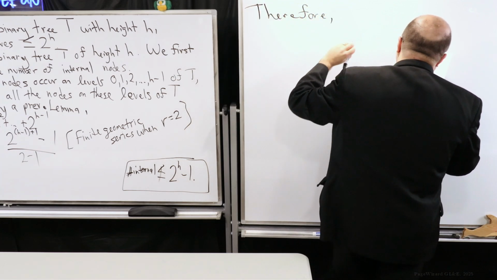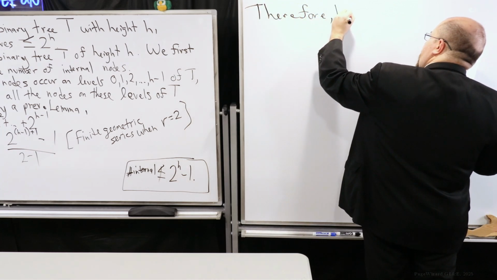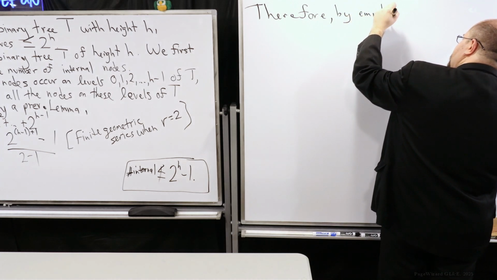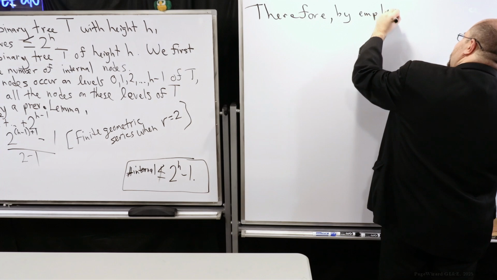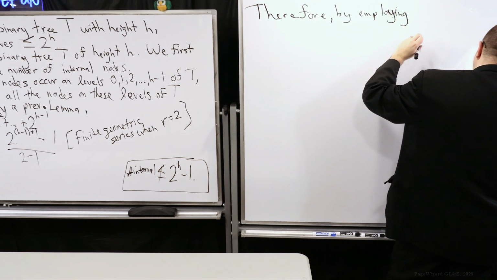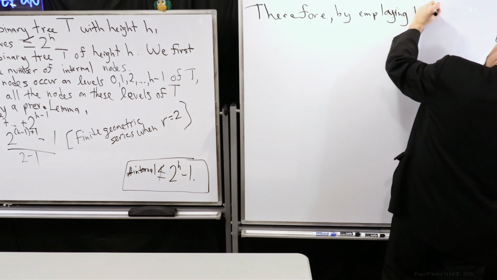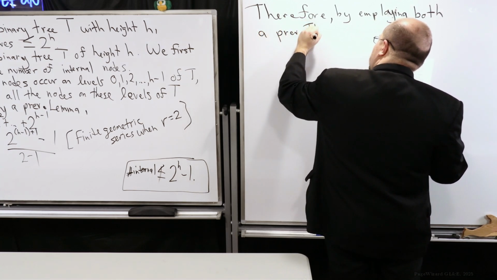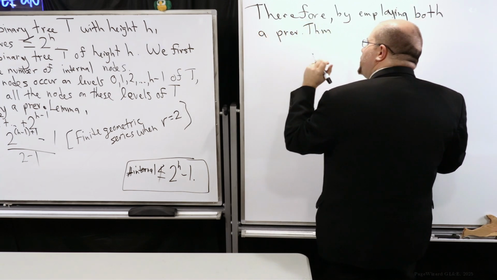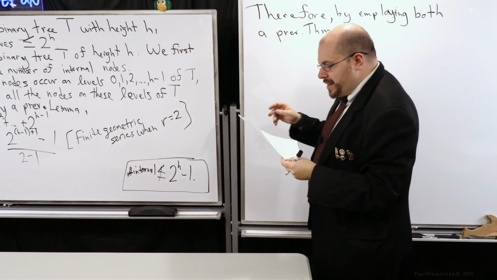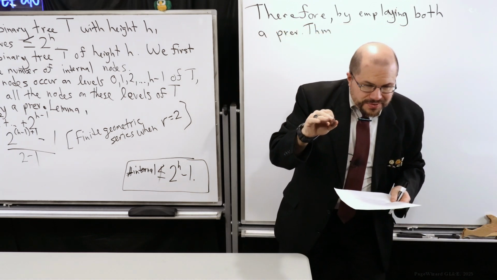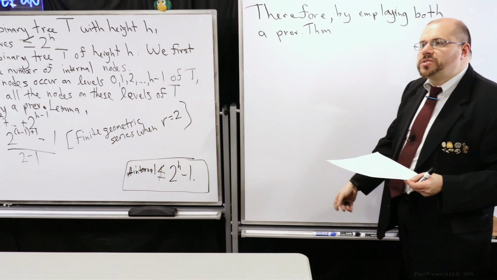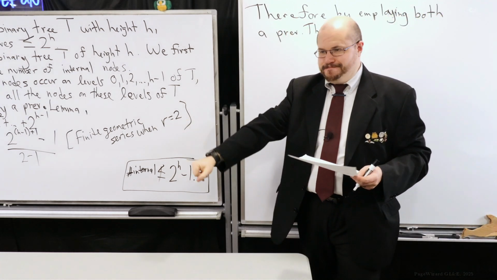Therefore, by employing a previous theorem, I didn't give it a name, this theorem says that the number of leaves in a proper binary tree is exactly equal to the number of internal nodes plus 1.